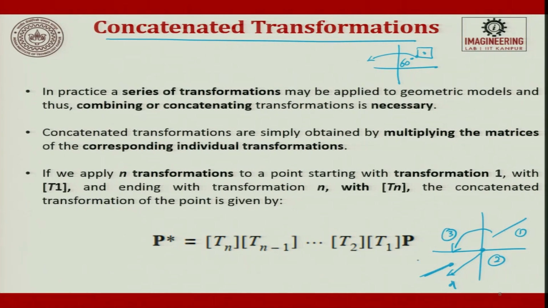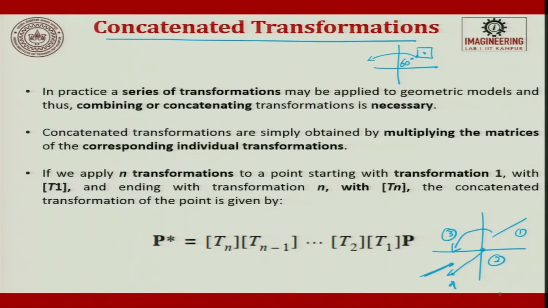So, if there are several steps involved, you have to follow a sequence of operations. That is called concatenate transformation or concatenation. This is followed in robotics, in CAD also, and also when you start working with drones.